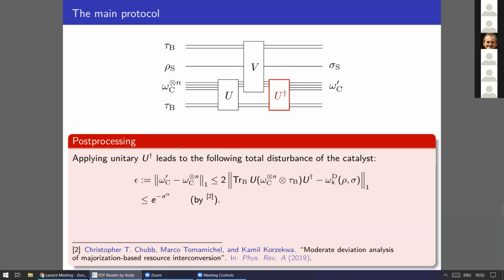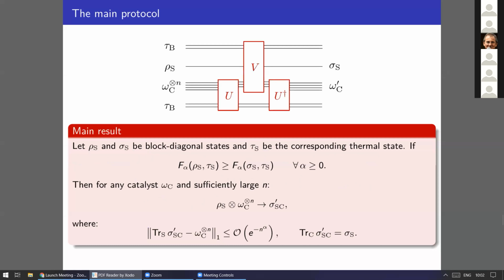Okay, so finally, let me combine these three steps into the following theorem. So suppose that we have a pair of states, rho and sigma, which satisfy respective second laws. And then using the protocol I have just described, and using any state as a catalyst, provided it is supplied with sufficiently many copies, we can transform rho into sigma with a very small error on the catalyst.